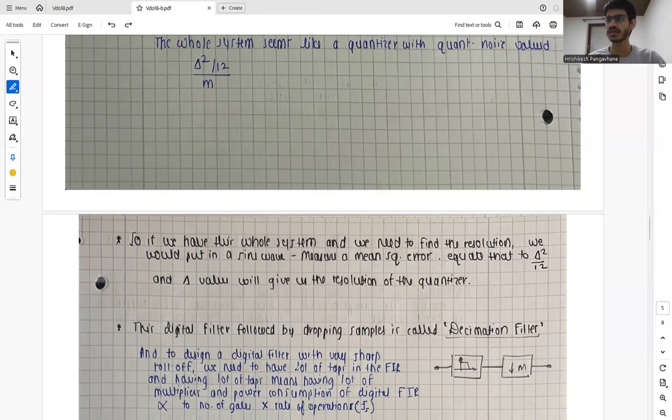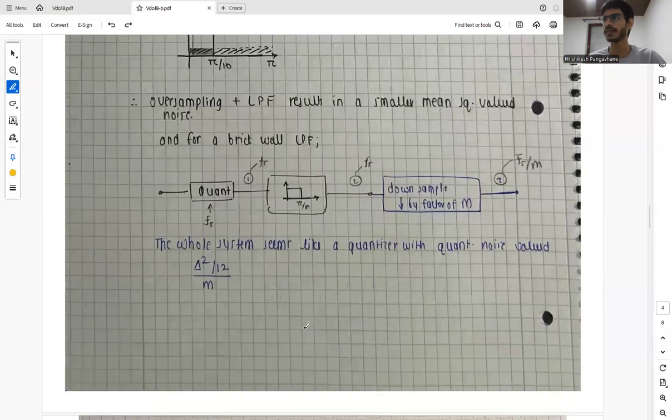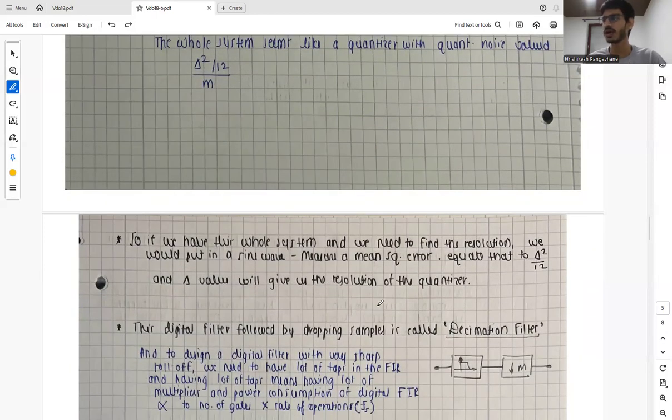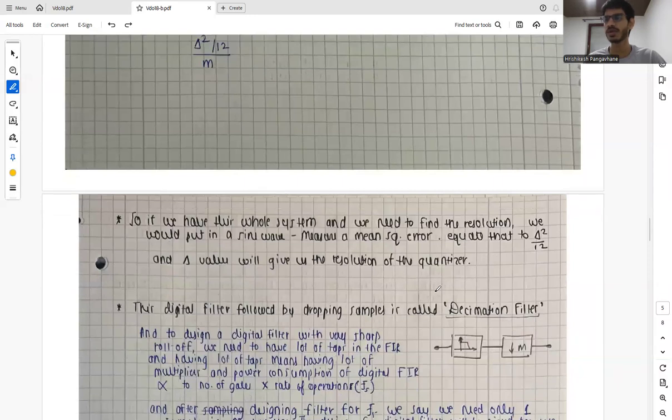So this digital low pass filter, followed by a dropping of samples, is called a decimation filter. And to design a decimation filter with very sharp roll-off, I mean with a very steep curve, we need to have a lot of, this is the concept of digital design, taps and delays.